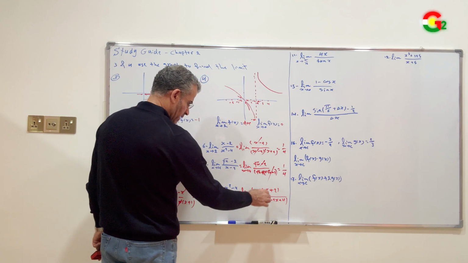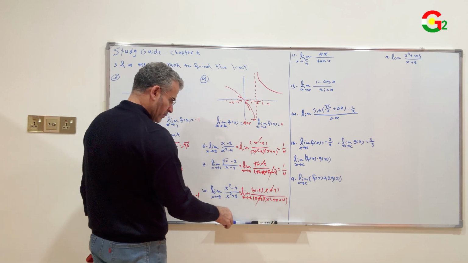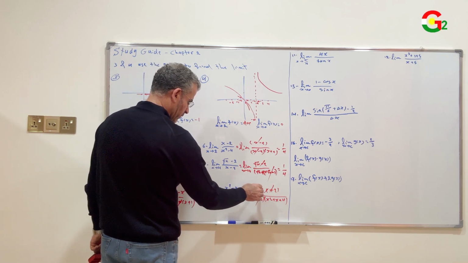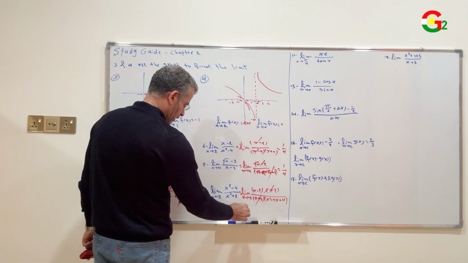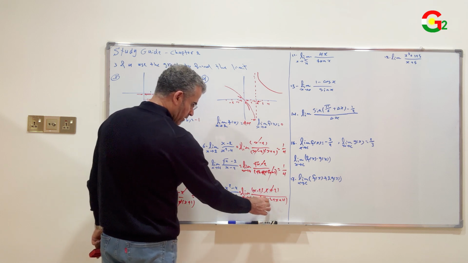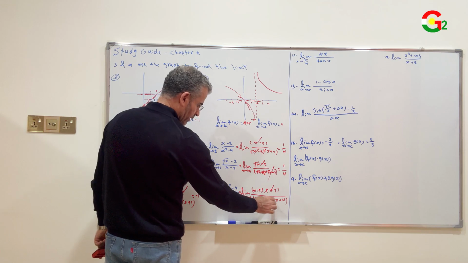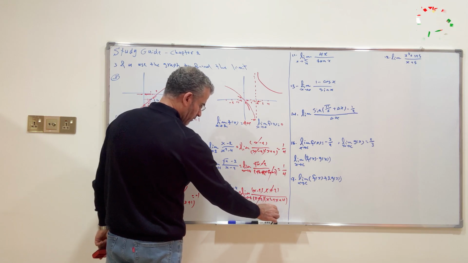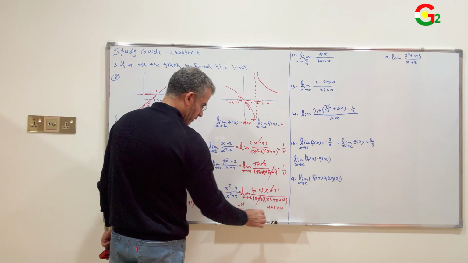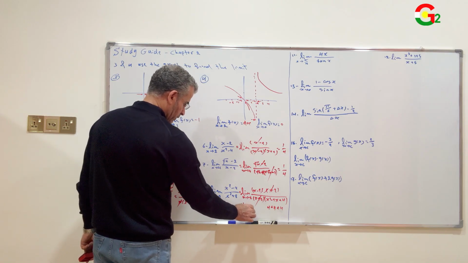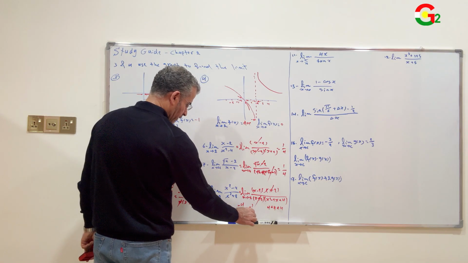Reduce x plus 2 with x plus 2, substitute every x with negative 2, negative 2 minus 2, negative 4, negative 2 squared, 4, negative 2 times negative 2, 4, plus 4, 12, equal to negative 1 over 3.